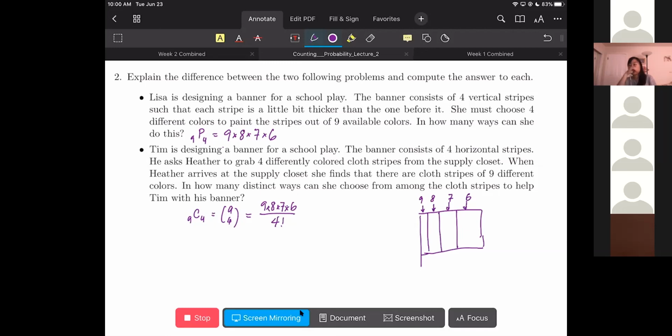Miss Wendy, I was wondering if there was ever a situation where you'd have to use both combinations and permutations to count out an answer in a question. Yeah, it's definitely possible. Let me see if I can find one.